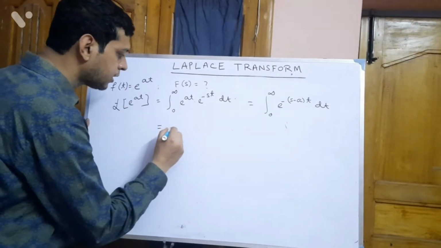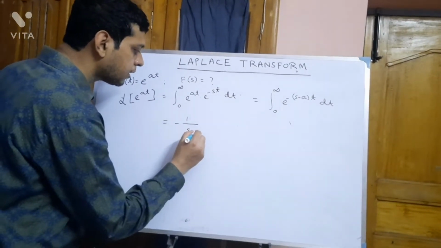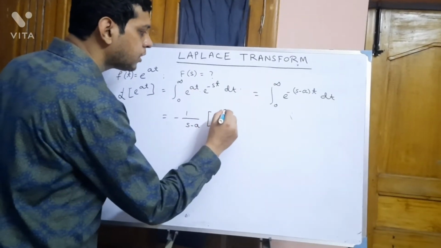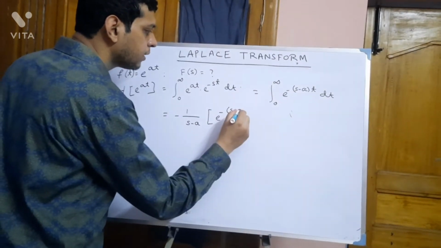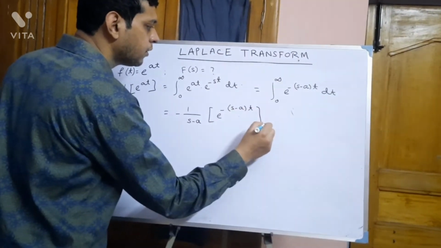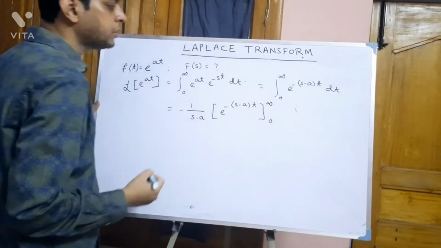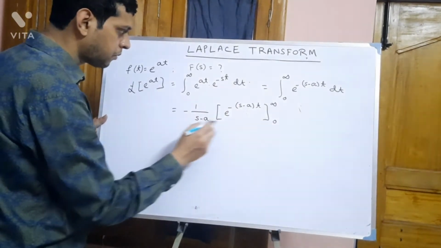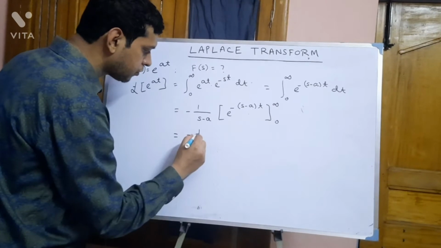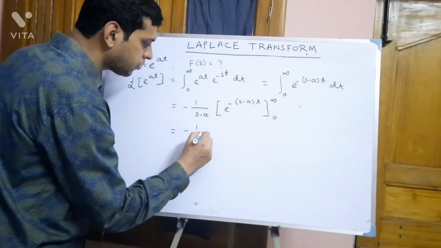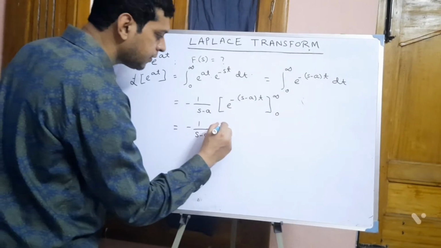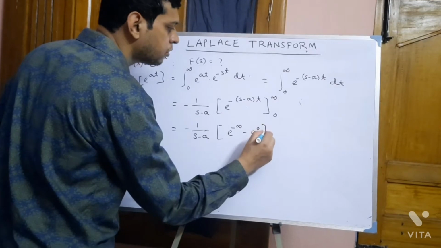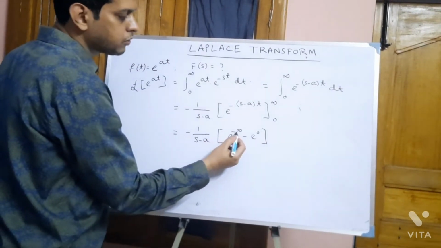This will give us minus of 1 by (s minus a) times e to the power minus (s minus a)t from 0 to infinity, so e to the power minus infinity minus e to the power 0. What is the value of e to the power minus infinity?